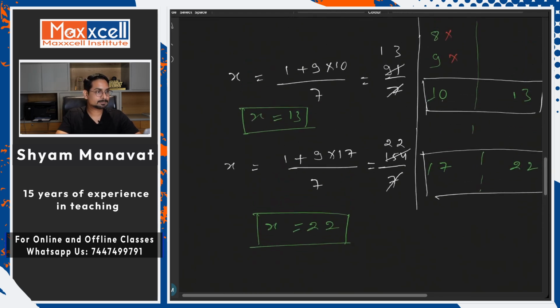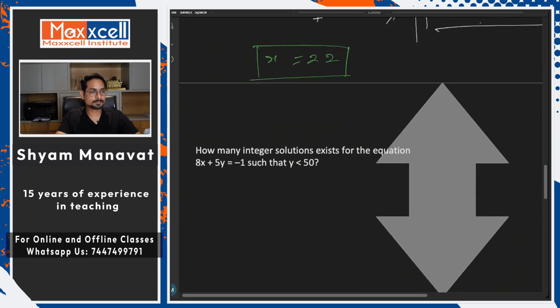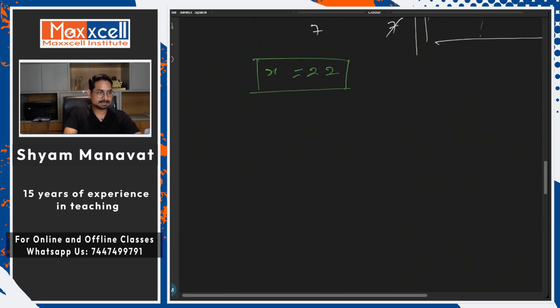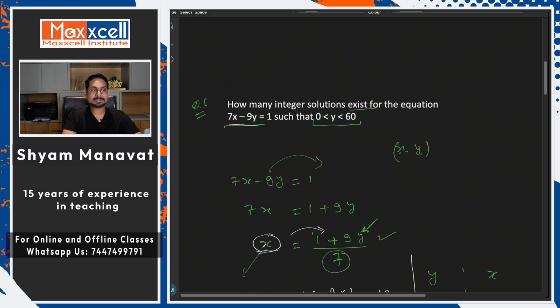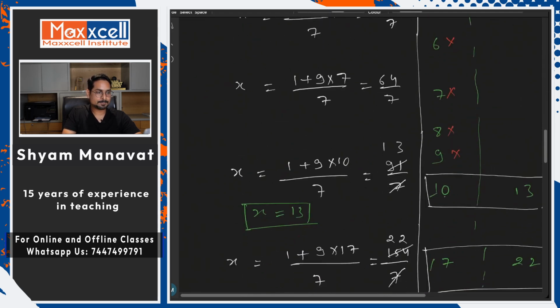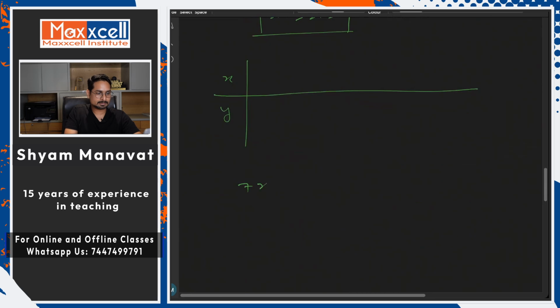Let me write these values in a series so you will understand. I have x here and y here. Let me write the equation also. The original equation was 7x minus 9y equal to 1. Now look at this.